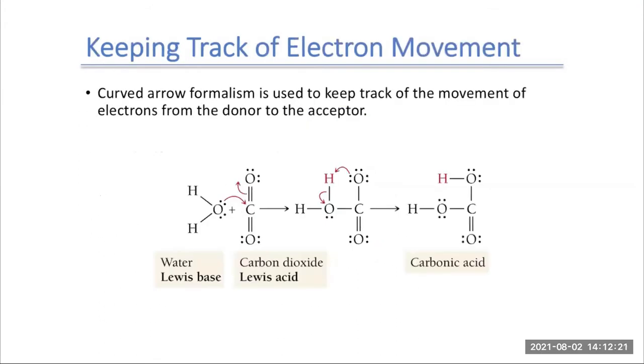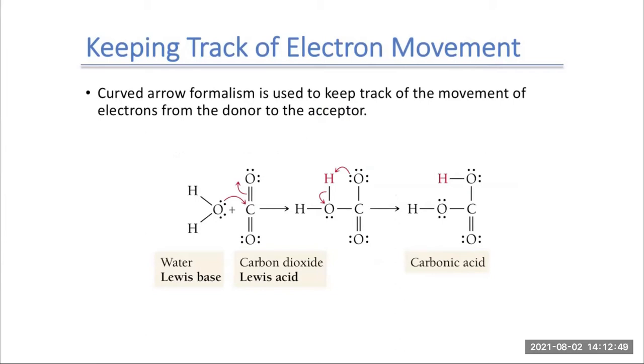So one way we can keep track of electron movement, so that we can determine which one's a Lewis acid or Lewis base, or which one's the electrophile and which one's the nucleophile, is to use curved arrows. As you can see from all the drawings so far, I tend to draw arrows when I show electrons moving. This allows us to keep track of everything.